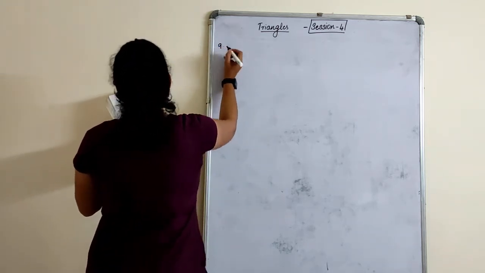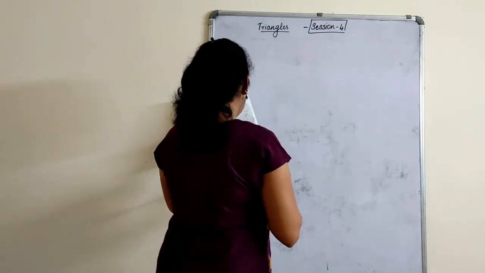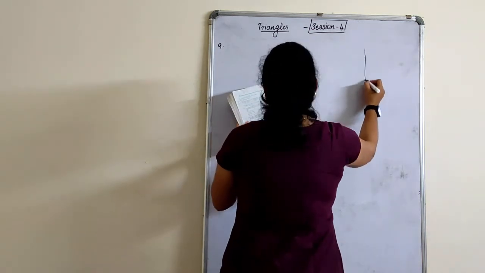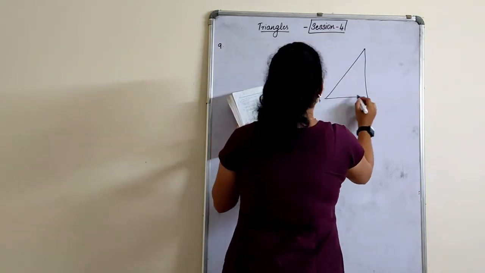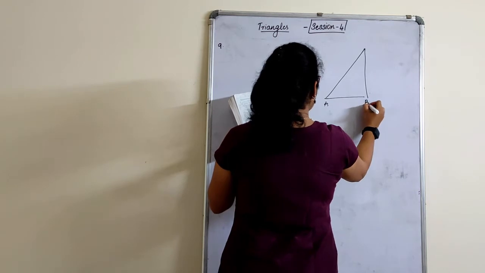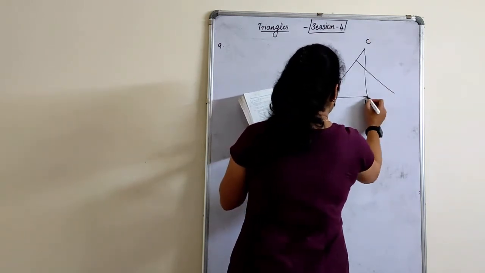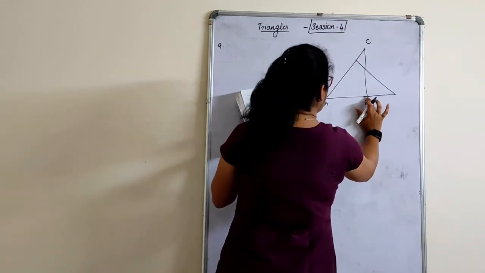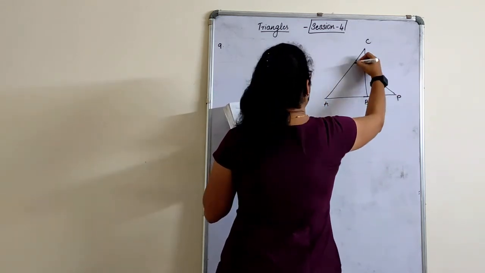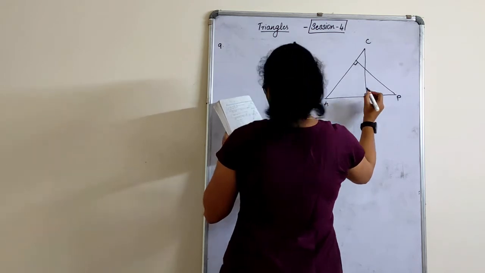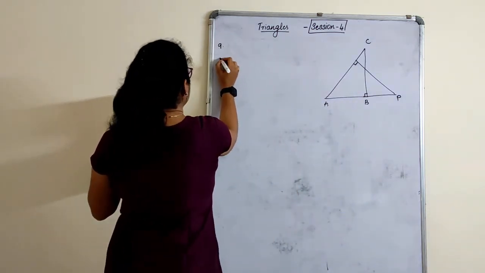Question number 9. In the figure, ABC and AMP are right angle triangles. So this is A, B, C and AMP. We'll mark here, this is perpendicular and this is perpendicular.